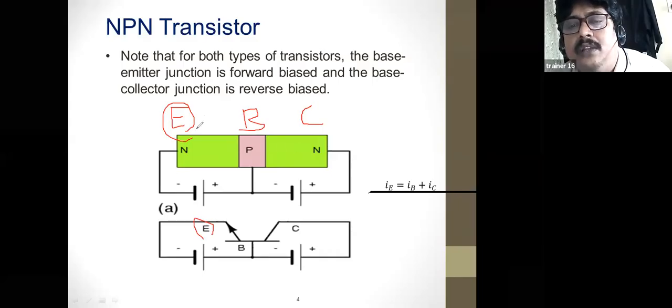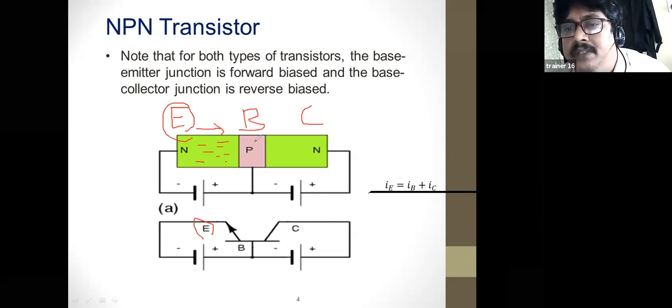If you see here, the emitter is an N-type semiconductor. The electrons, the minus charges, are there. These are the free electrons in the N-type semiconductor. The electrons flow towards the P-type semiconductor, the base. The P-type semiconductor is lightly doped and a very thin material.